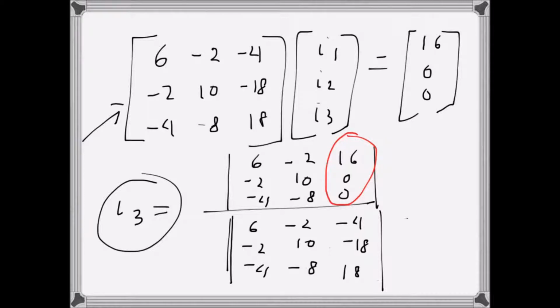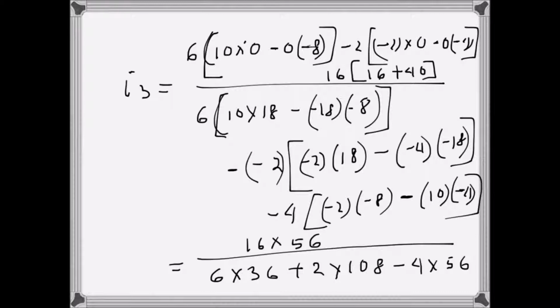The rule for finding the determinant is 6 times this minus this times this, then negative of this, and so on, and finally plus this, this times this minus this times this. That's what I have done here.